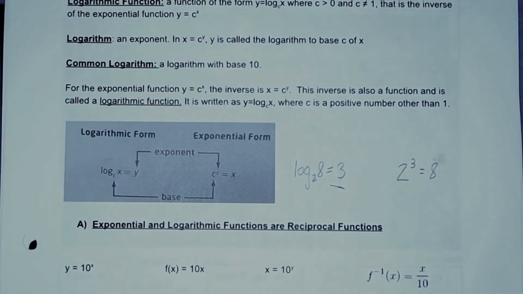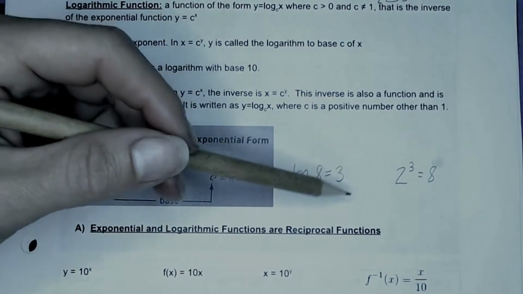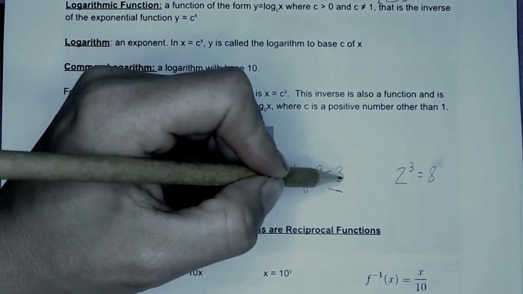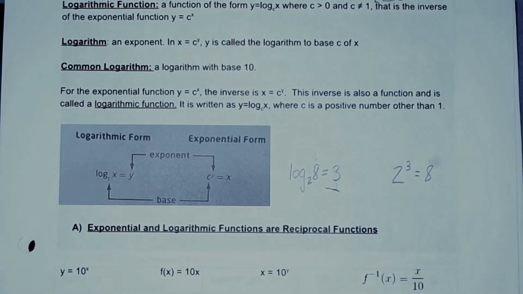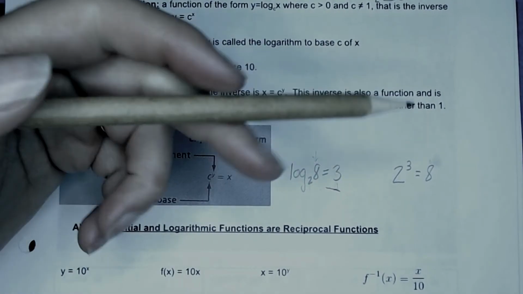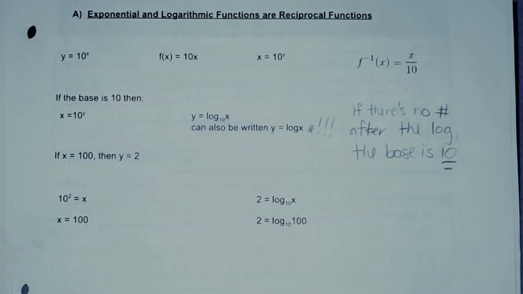So you can easily go back and forth between these two forms. If you have the log of a function, you have your base, your exponent, and your answer right there. So sometimes you'll be left with an unknown, and you can just transfer it into exponential form and solve for your missing value. So exponential and logarithmic functions are reciprocal functions.